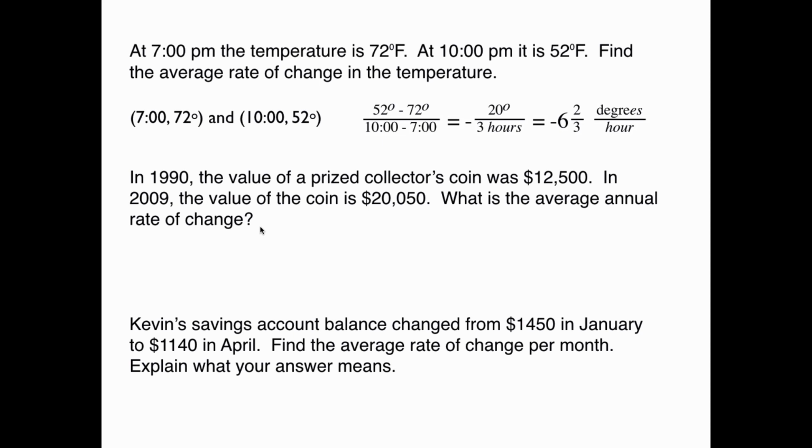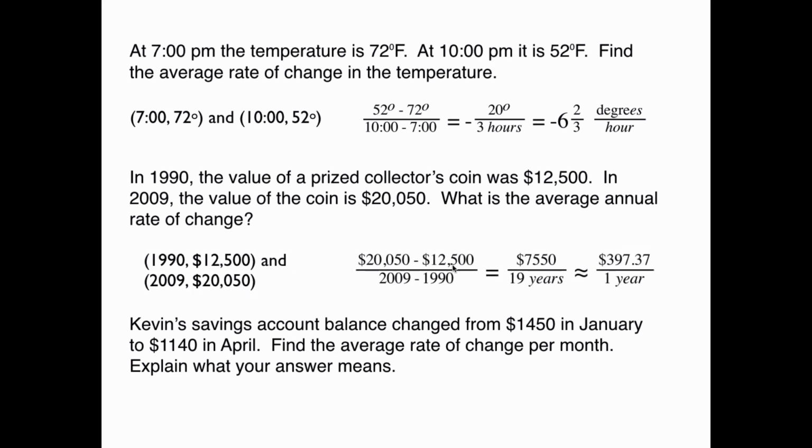A rare baseball card from 2 years ago might be worth less than a rare baseball card from 150... I'm sorry, that's too long. Maybe 100 years ago. Okay, so we know our independent and our dependent variables, so we can set up our ordered pairs. In 1990, the coin was $12,500, and in 2009, the coin was $20,050.